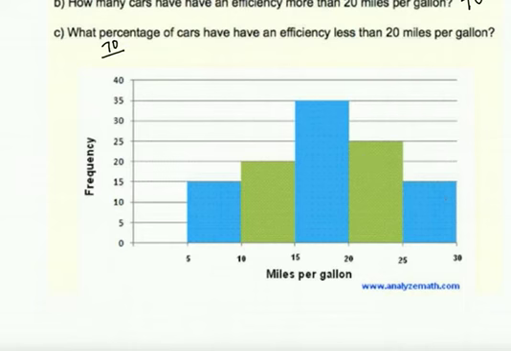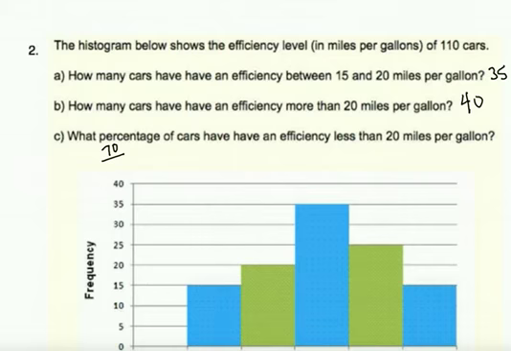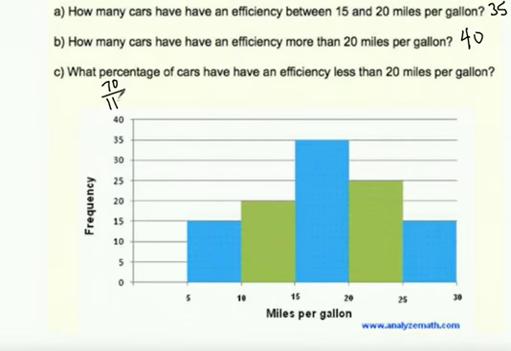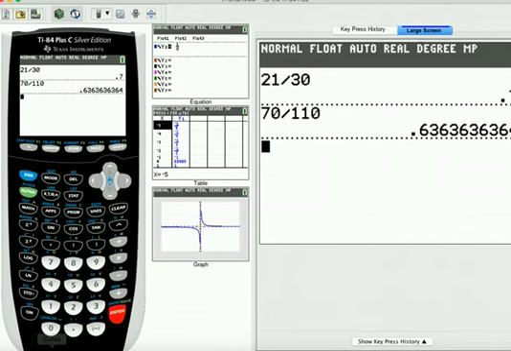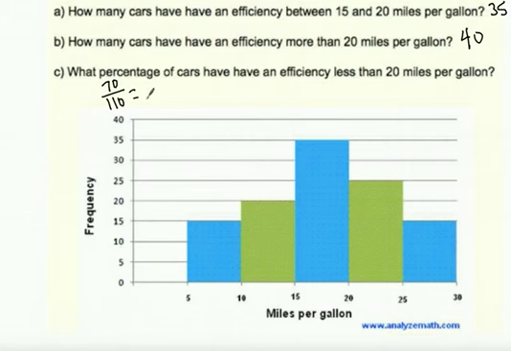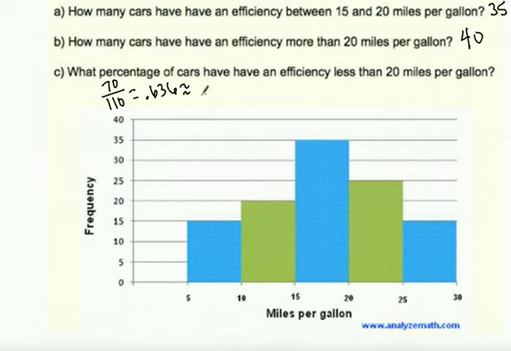So how many total did we have? 110. So 70 over 110 gives us 0.63, so that's approximately 0.64, which would give us 64%.